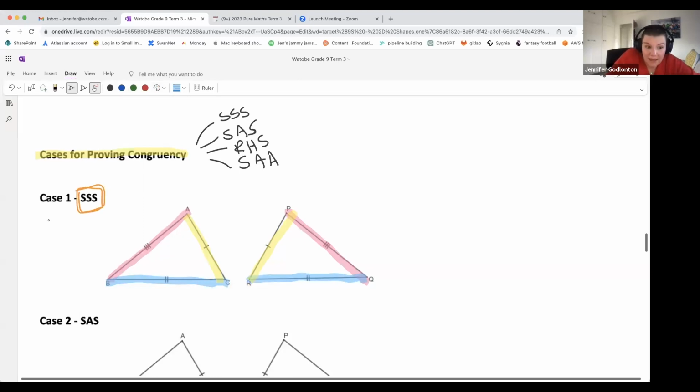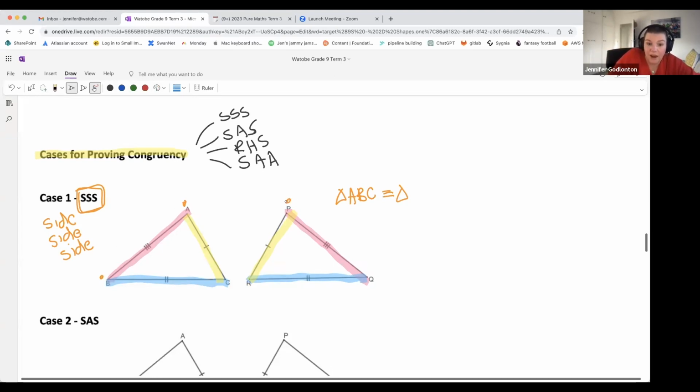And what that means is side, side, side, literally. That's all those S's mean. It means that there are 3 sides that are the same as each other. So if we were writing this one out, we could say triangle ABC is congruent to triangle. Now we've got to be careful. When we went from A to B, we went along the pink to the blue.